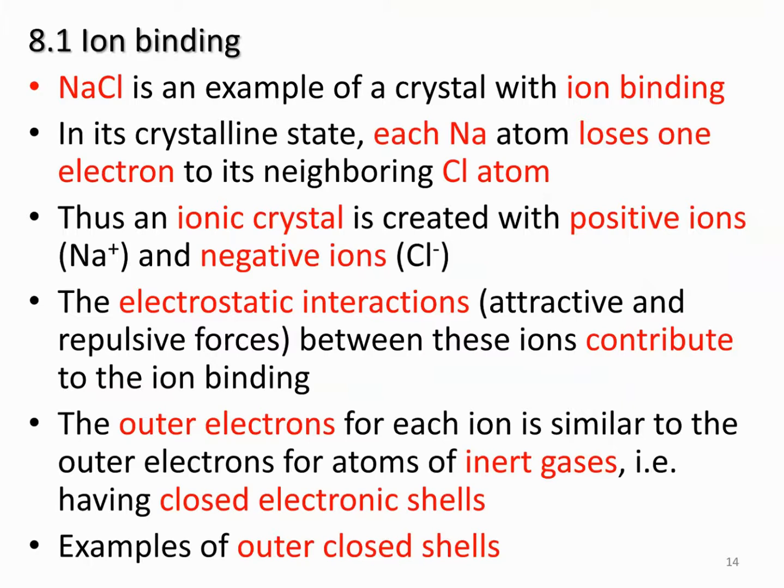In this crystalline state, each sodium atom loses 1 electron to its neighboring chlorine atom. Therefore, an ionic crystal is created with positive ions and negative ions. Positive ions refers to sodium, Na plus, and negative ions refers to chloride, Cl minus.